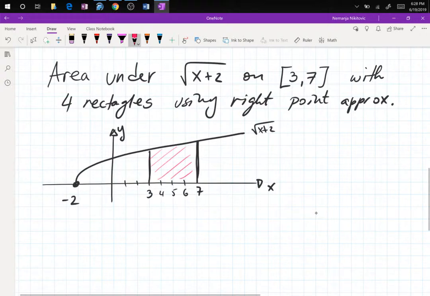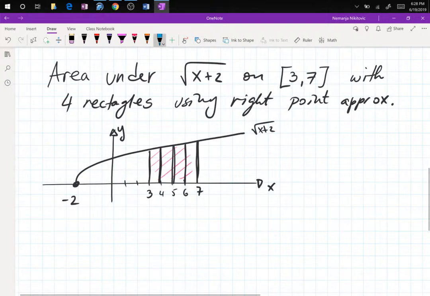So to get the 4 rectangles, we cut the area in half and then each one of these in half. And now we have 4 regions like that.